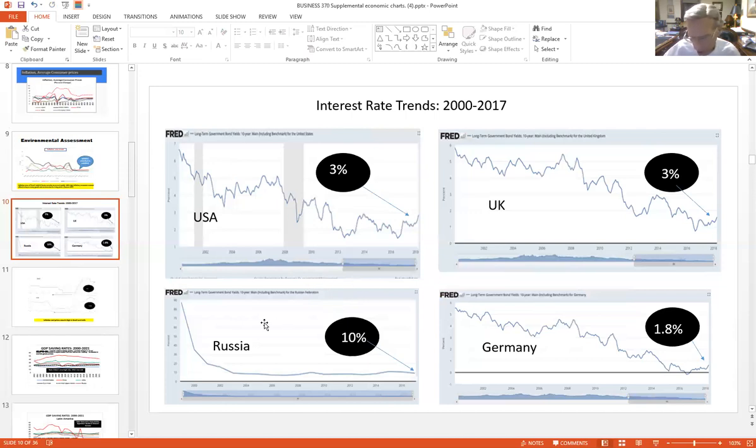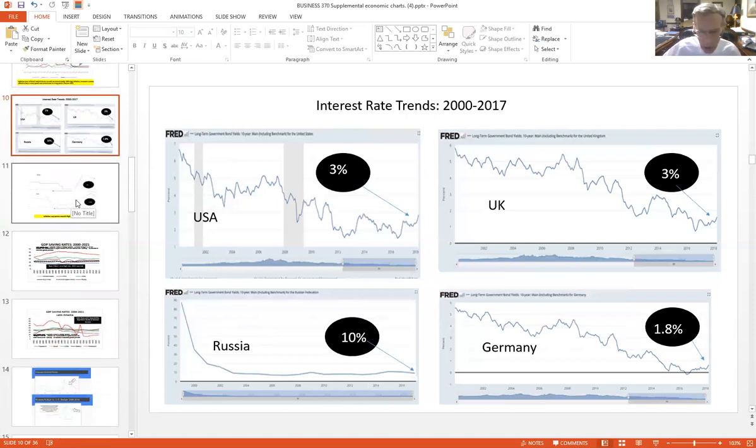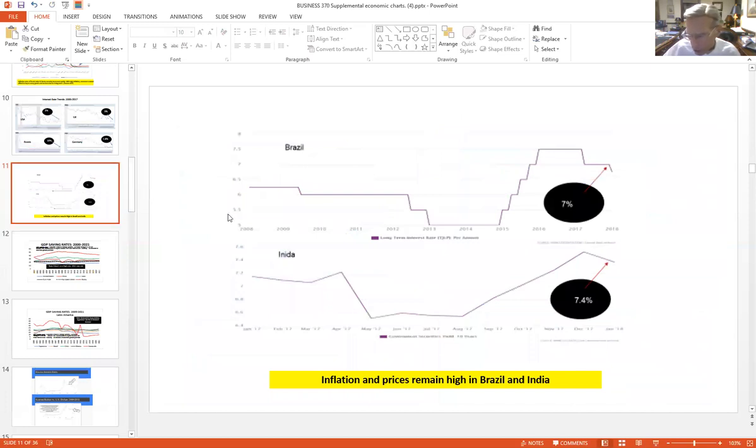But you can see that Russia has a little problem with its interest rates, and normally that suggests that inflation rates are high as well. High inflation rates tend to engender high interest rates. Here we can see what was going on in Brazil. As I mentioned to you earlier, Brazil has had its problems. This chart goes all the way to 2018, last year, when long-term interest rates were down to 7%.